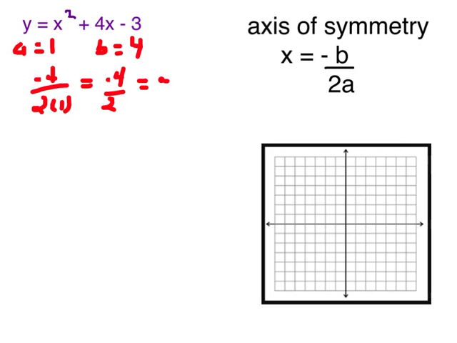So we know the axis of symmetry is going through -2. Somewhere right here is the axis of symmetry. Okay, so let's draw that invisible line.